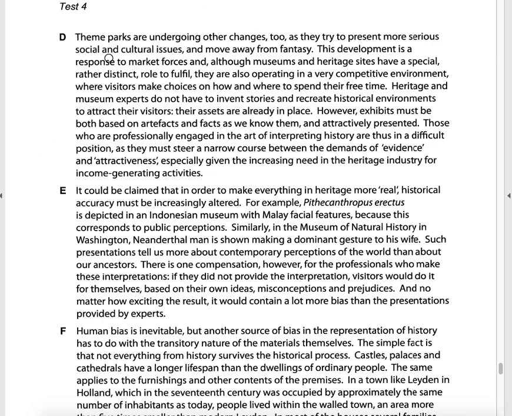Present more serious social and move away from fantasy. Operate in a competitive purpose to make choice. Mm-hmm. So, heritage and museum experts do not have to invent stories.